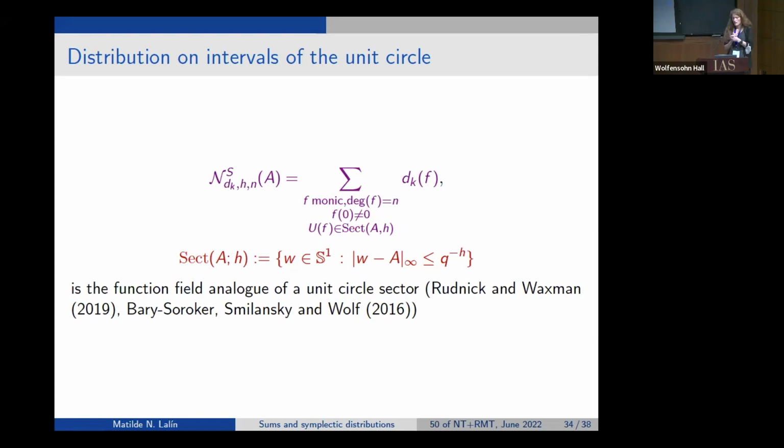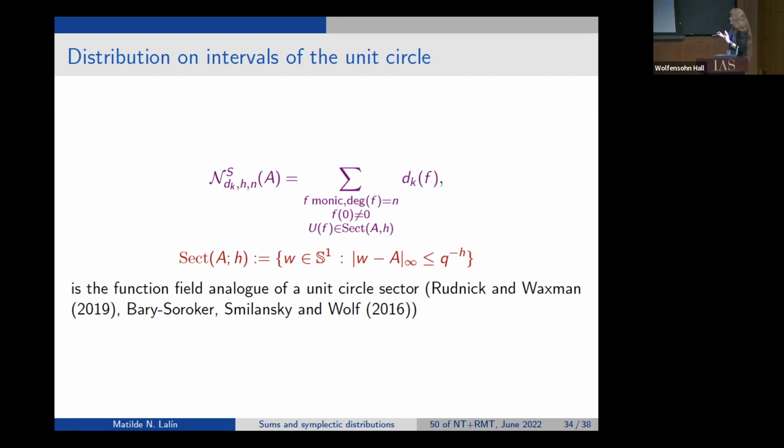And what they did is they modeled this with function fields as well. And so the problem over function fields will be, again, the sum of the divisor function, over f monic of fixed degree. Okay, so f(0) different from 0. This is some technical condition we need.